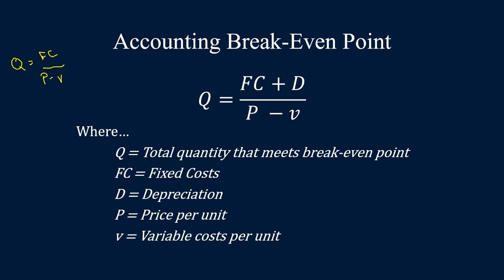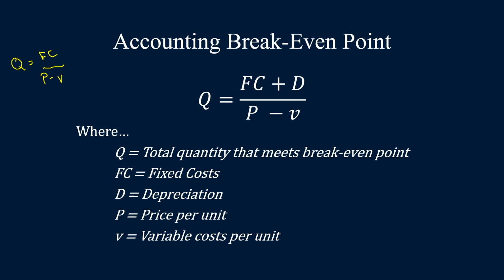But the one that we're going to demonstrate today is the accounting break-even point, which we have Q equals FC plus D divided by P minus V, where Q equals the total quantity that meets the break-even point, FC equals the fixed cost, D equals depreciation, P equals price per unit, and then V equals the variable cost per unit.